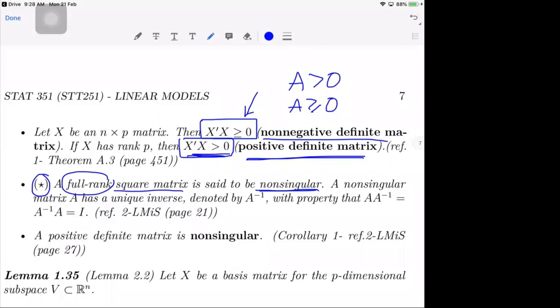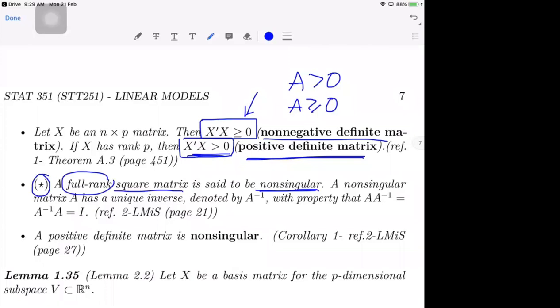If the rank is equal to either the row or column, ma'am, whichever is smaller. So if you have an N by P matrix and its rank is the minimum of P or N, then we say that it is full rank. So if it is full rank, it is non-singular. So what does non-singular mean?